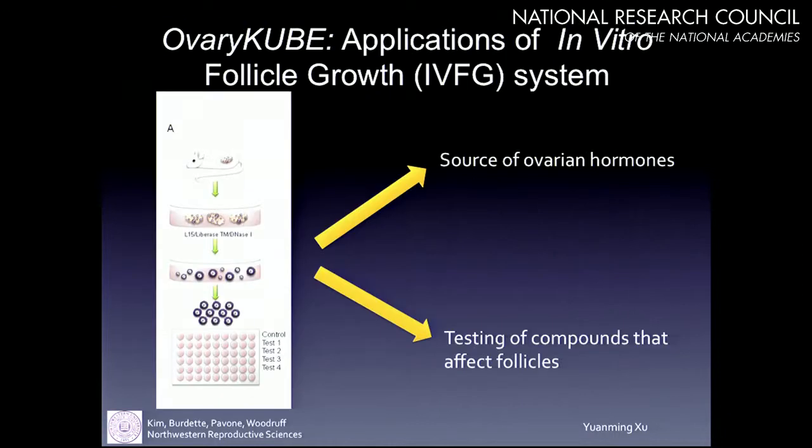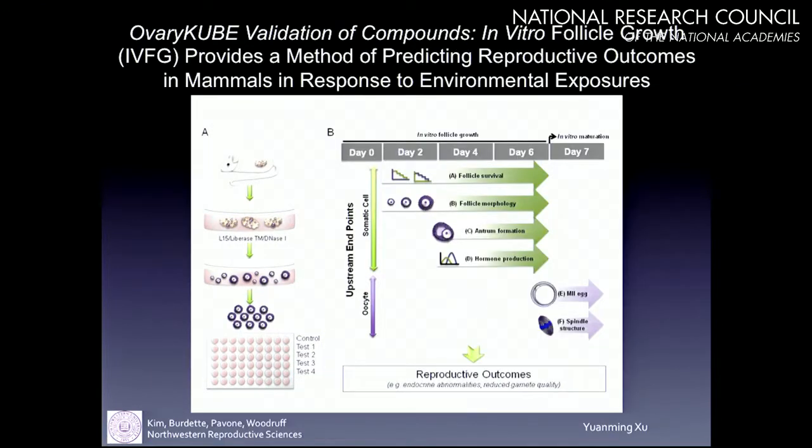And so with this, she is able to then provide a system that provides a source for ovarian hormones, as well as provide a model to test compounds on follicle survival or follicular health. And so I'm going to give you just a couple of examples of what she's done with this system.